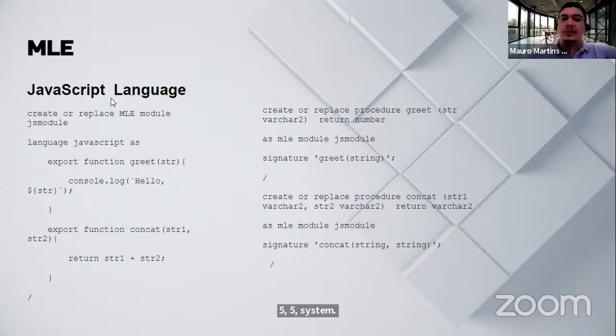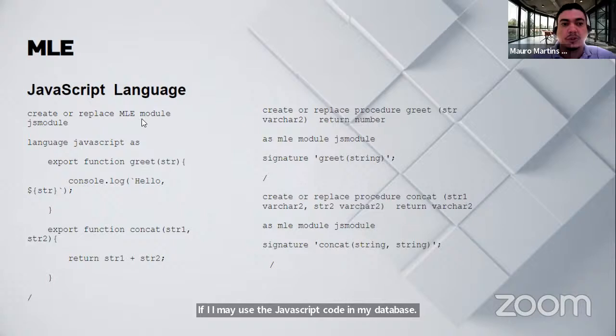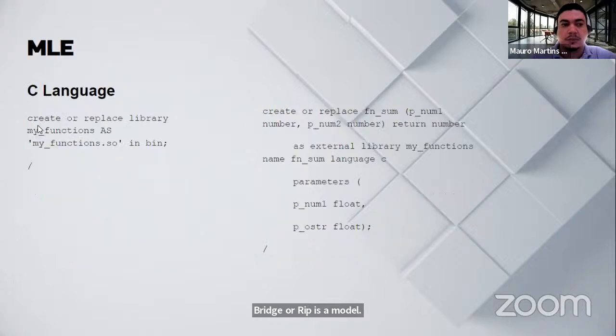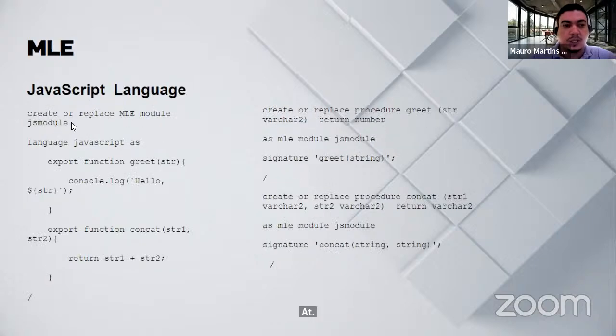And JavaScript language. If I want to use JavaScript code in my database, I can use this syntax. Create or replace MLE module JS module. You can rename it to conform to your needs, and language JavaScript as.